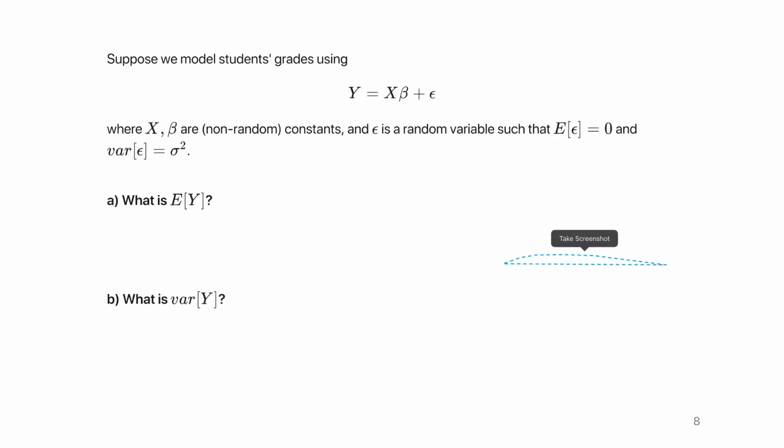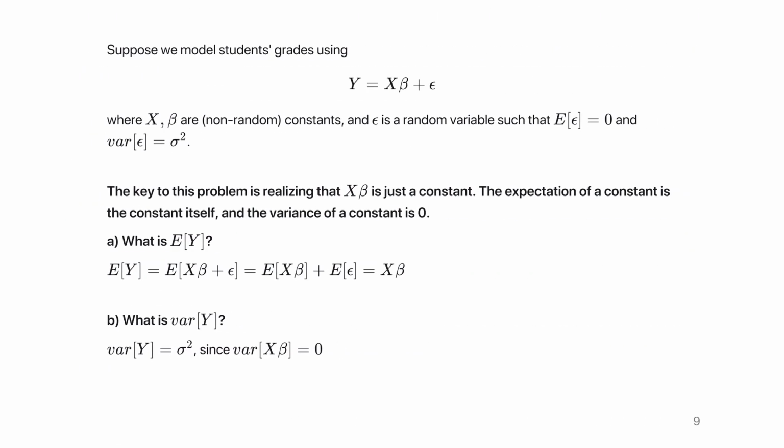So here we're doing the variance of a constant plus epsilon, so you can just take out the constant. You're left with just the variance of epsilon, and that's sigma squared. Okay. Any questions on B?